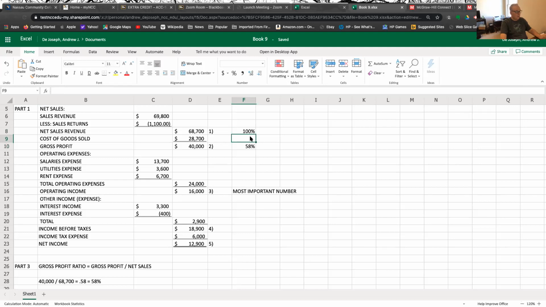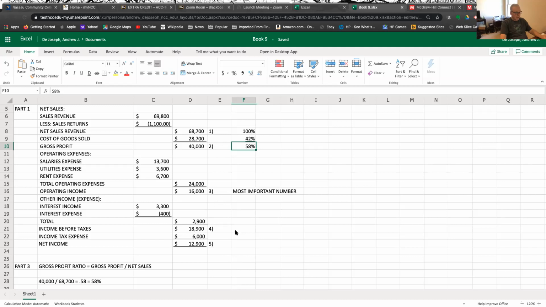Well, what does cost of goods sold represent? 100 minus 58 is 42. Right? 42. So out of every dollar of sales, your merchandise that you sold cost you 42 cents, which means that you made a profit of 58 cents, a gross profit. And you can do the same thing down the line, right?